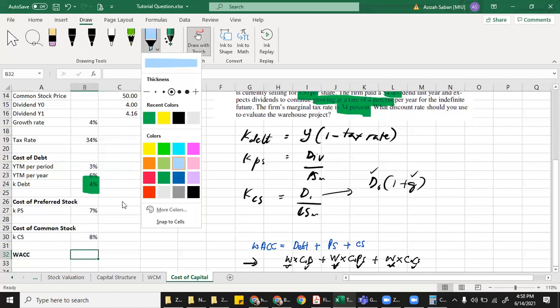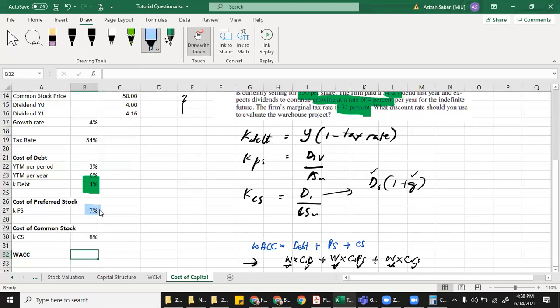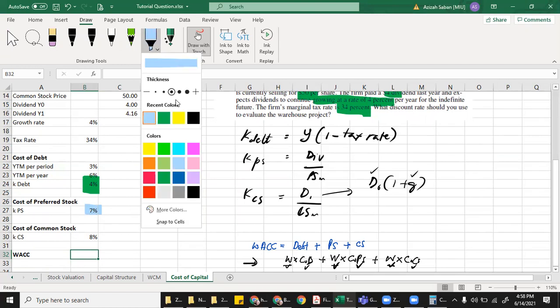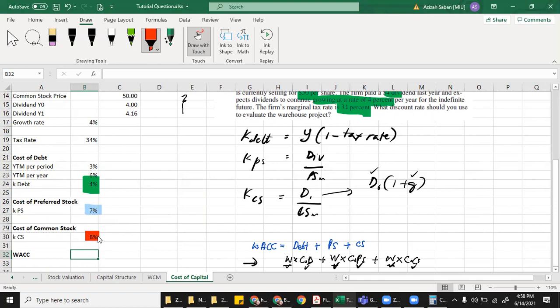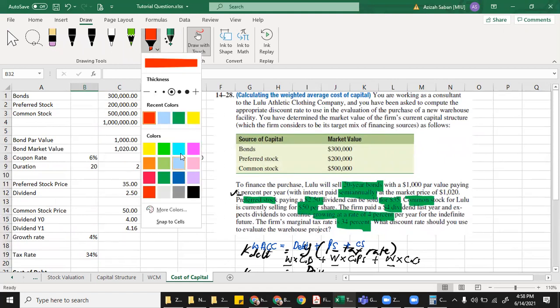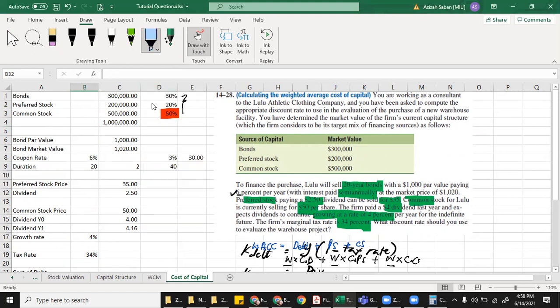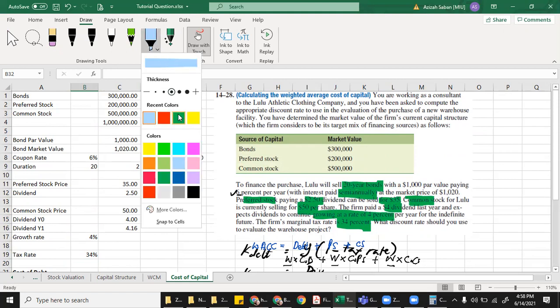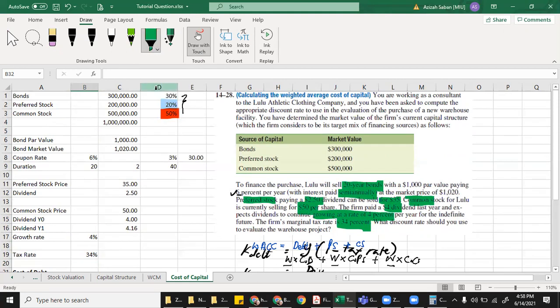I use blue to mark this one and red to mark this one. Common stock is red, and this is the weightage for common stock. This is the weight for preferred stock, so that you know which one matches which. This is green.